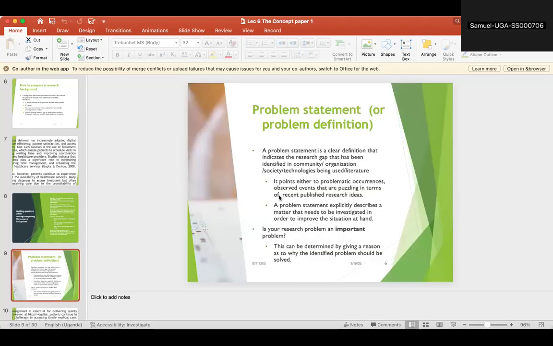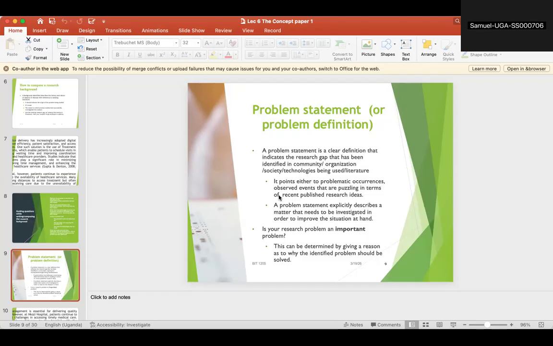Then that is about the research background. That is how you should formulate your research background. But you realize that it has a very big connection to the problem. Meaning that if you don't have a problem, then you cannot do anything called what? Research. Problem should be first.